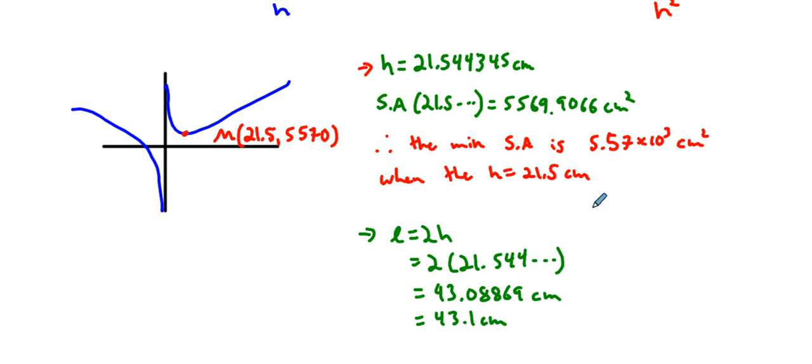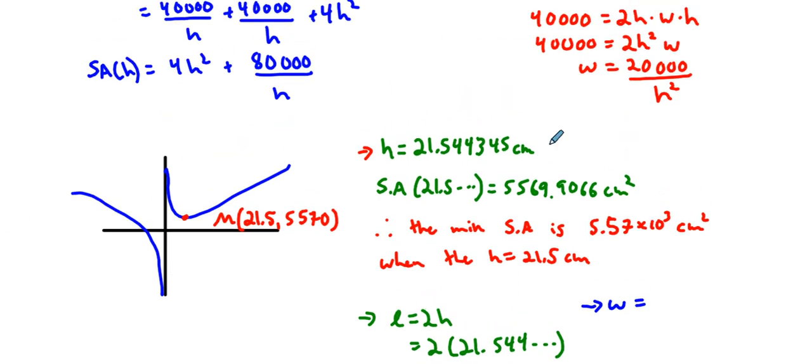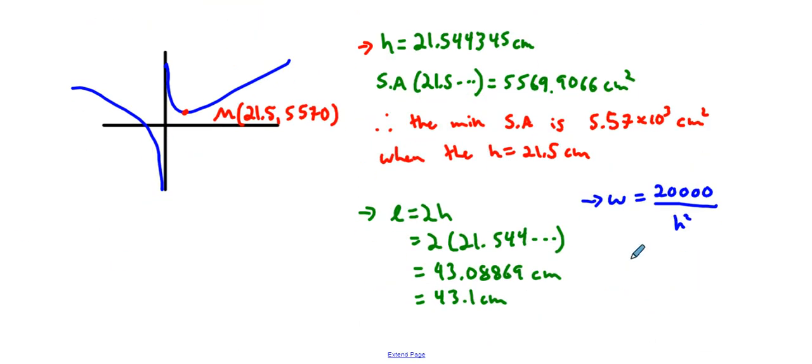Okay? And the last dimension I need to get for this problem is the width. And we know the width from our formula here, which came from the constraints, is right here. So this is 20,000 divided by h squared. So we're going to substitute in here. And again, I'm going to show that I'm substituting in my unrounded value by putting an ellipsis.